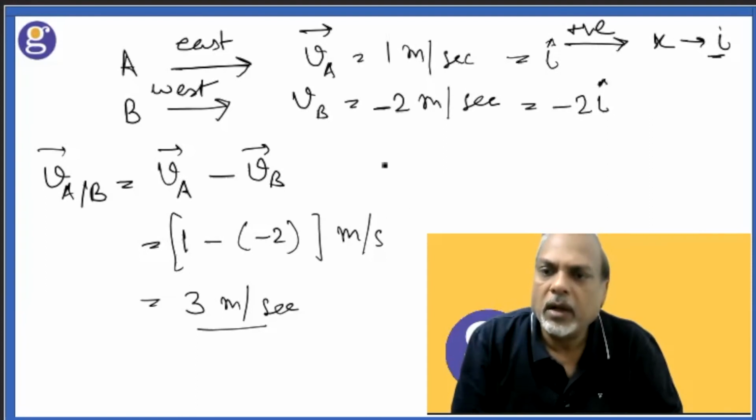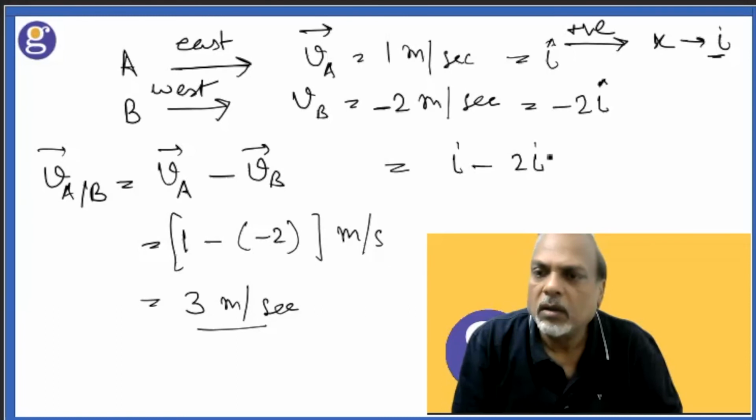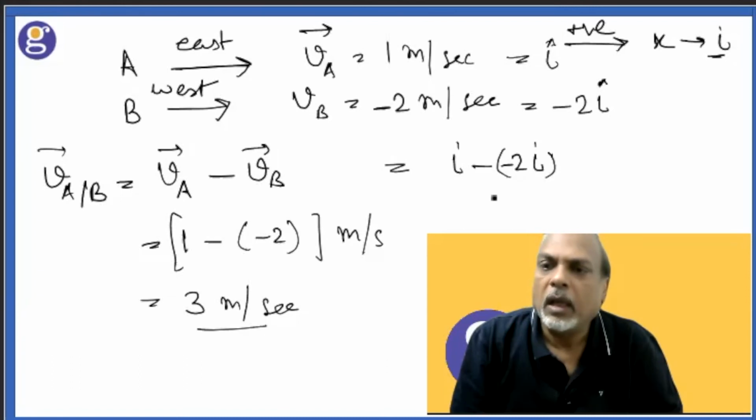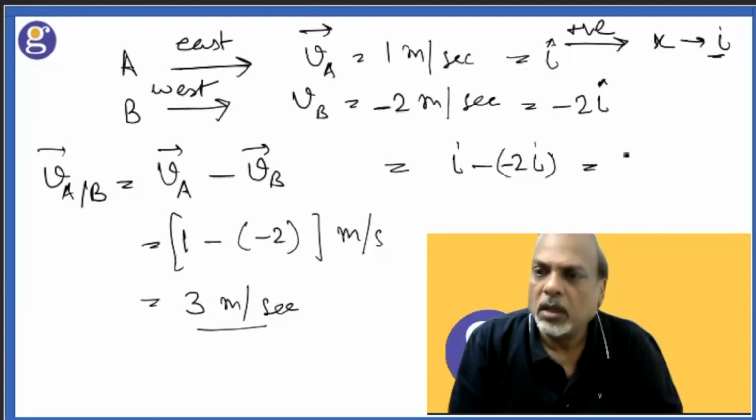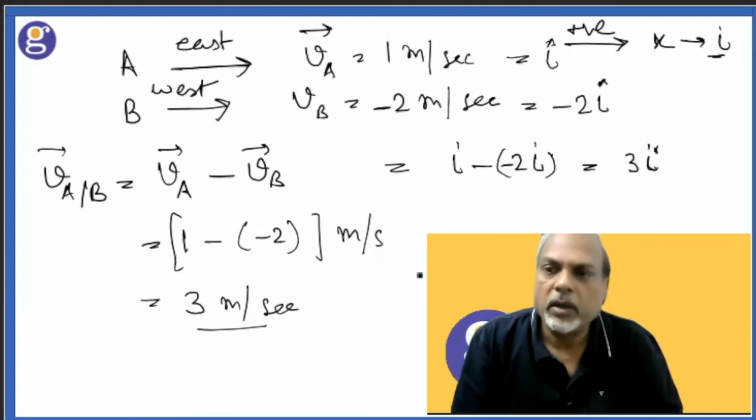And here we can vectorially add, and this will give you 3I. Okay. So this velocity is basically due east.